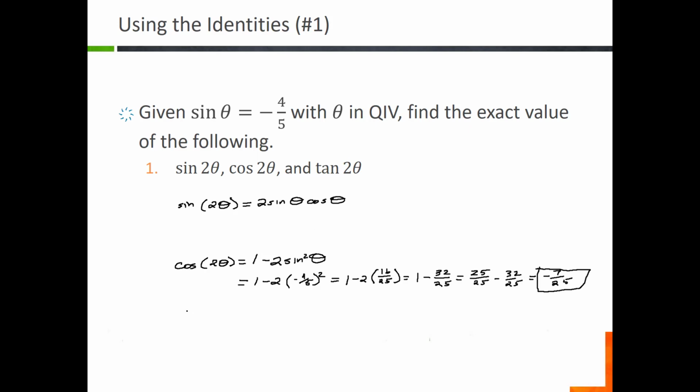And then let's look at tangent of 2 theta. The identity we had for this was that it was equal to 2 times the tangent of theta all over 1 minus tangent squared theta. Now I'm going to go ahead and use the identity just so we see how it works, but a nice little thing about tangent is, remember, tangent is sine over cosine.